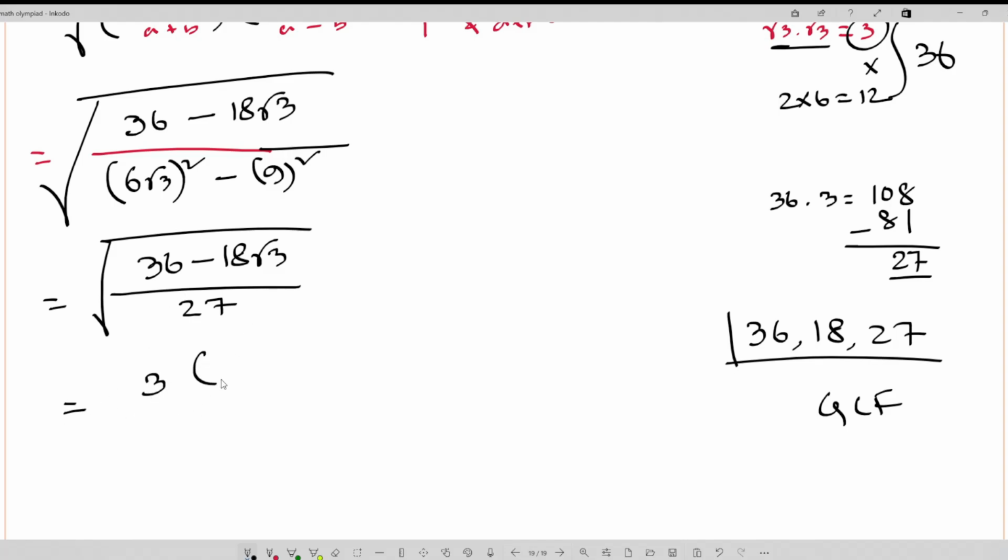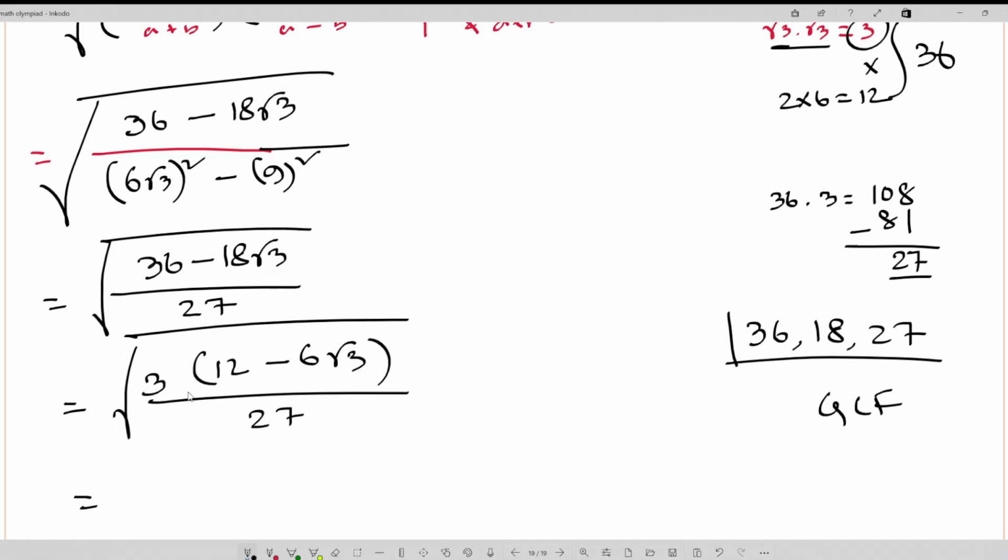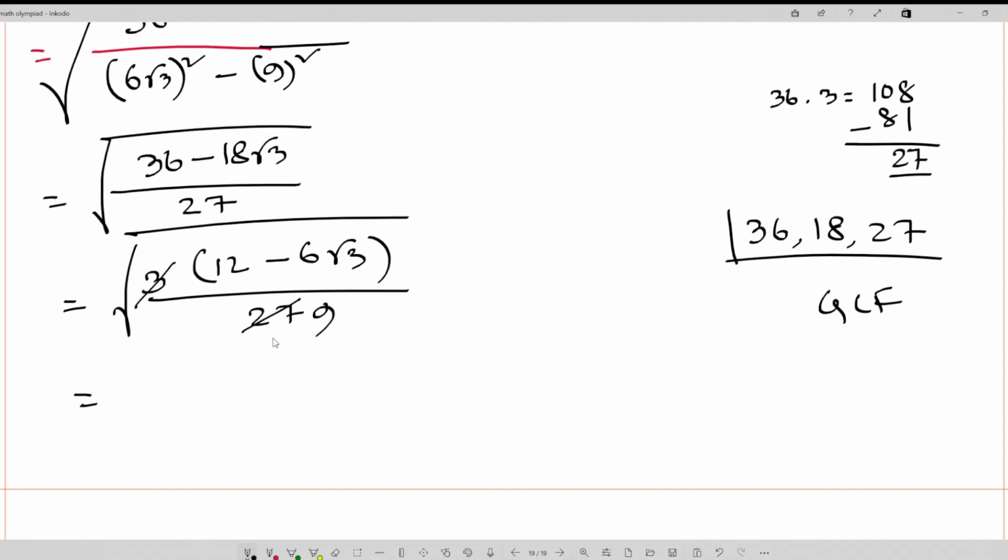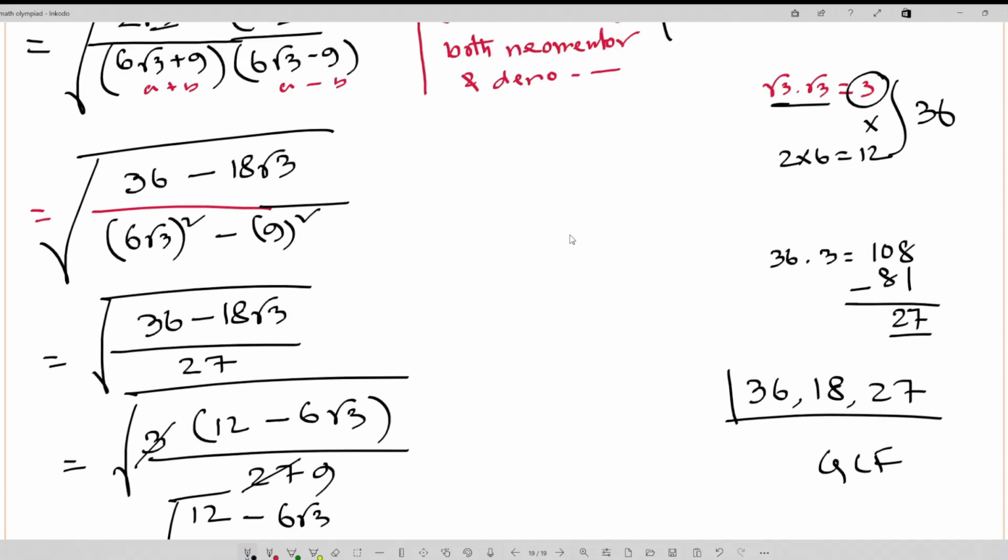So here is 12, here is 6 root 3, divide, here is 27 root. So 27 divided by 3 will be 9. Alright, now look, we can write 12 minus 6 root 3 divided by 9 over root.